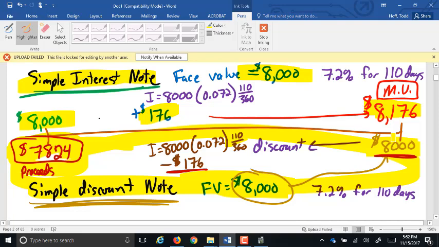Well, they're not going to give you $8,000 right now. They're going to give you less than that so that at the end of the 110 days, you owe them, the vehicle is worth enough to pay off what you owe them. Now, generally, they actually reduce that. They not only have the interest discount like this, but they have their margin discount where they'll give you a discount off of 70% of the value or something like that. But we're not going to get into that in this class.